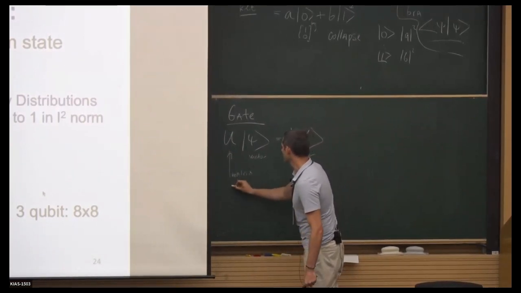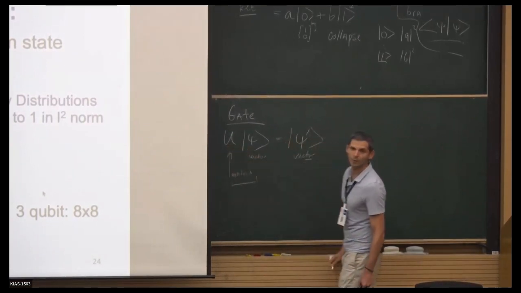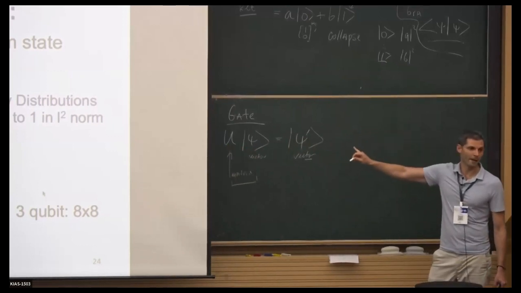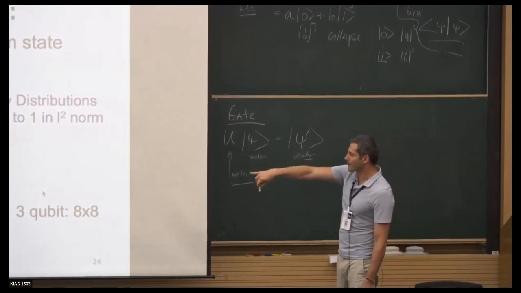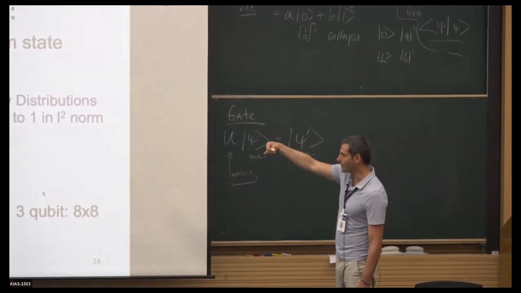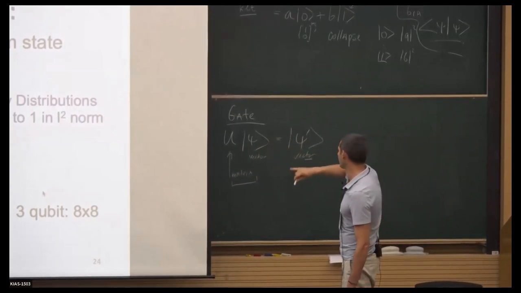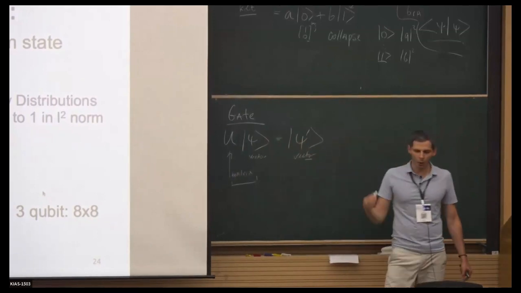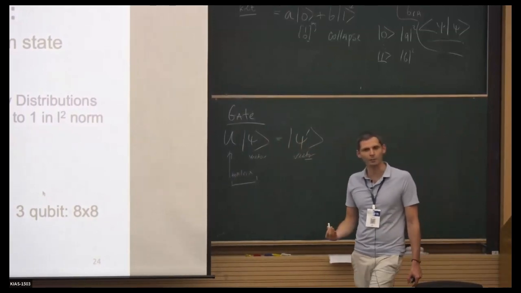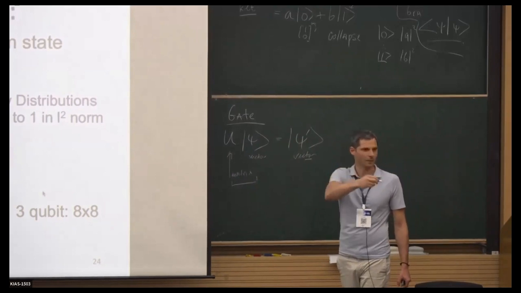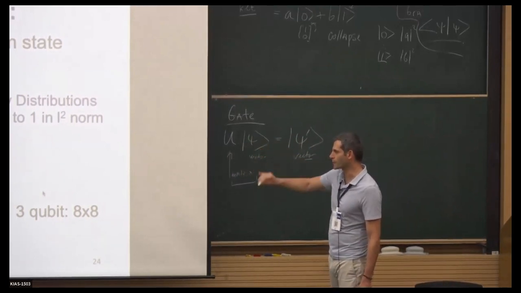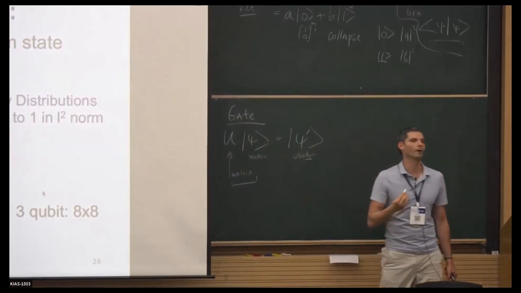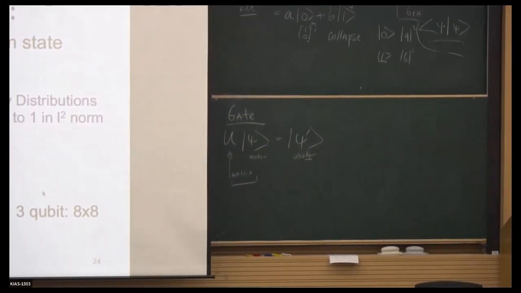So what's important is that this U right there is a matrix. They're matrices that operate on vector space. If I have 1 qubit, then normally this is a 2 by 2 matrix, because a qubit has 2 elements. Now, if I have a 2 qubit space, it's a 4 by 4. If it's 3 qubits, 8 by 8, and so on.